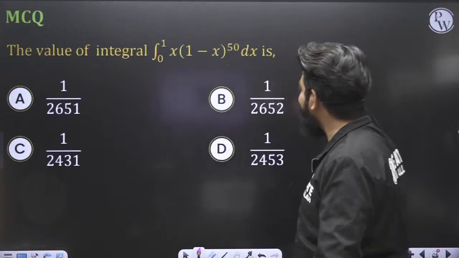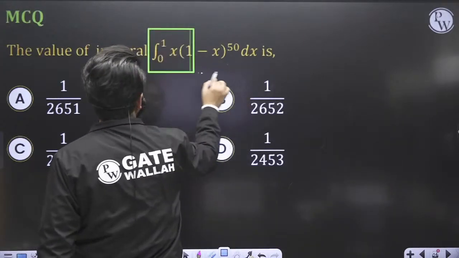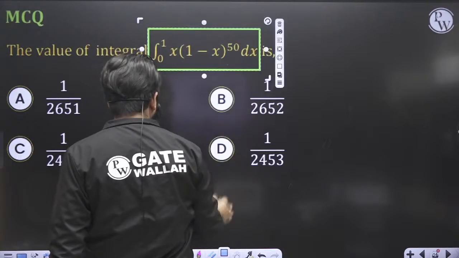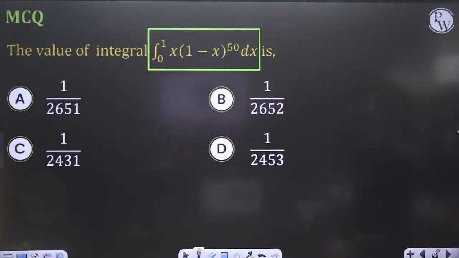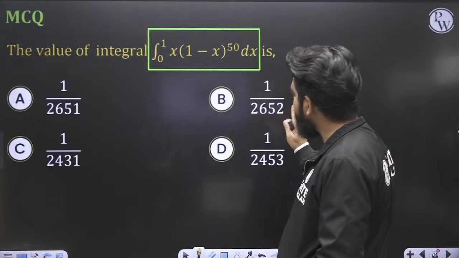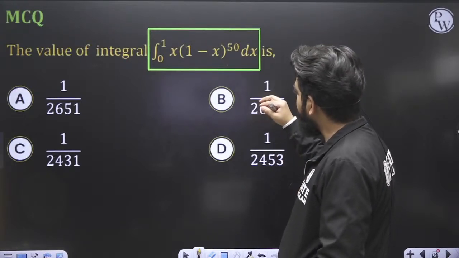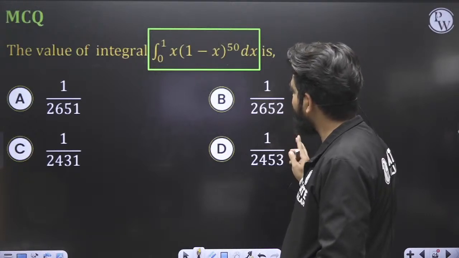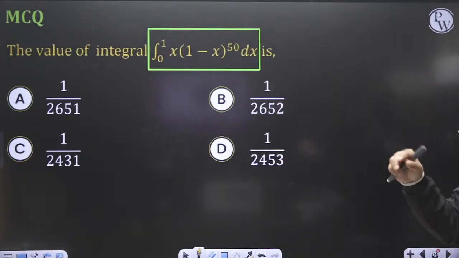Fine. What should be the value of this integral? This integral you have to calculate. B option. Very quickly, some students have solved B option. Maybe I have already told you that if in any question you are facing difficulty, or not able to decode what the process should be, there is one thumb rule, a golden rule which we can apply in every possible question.